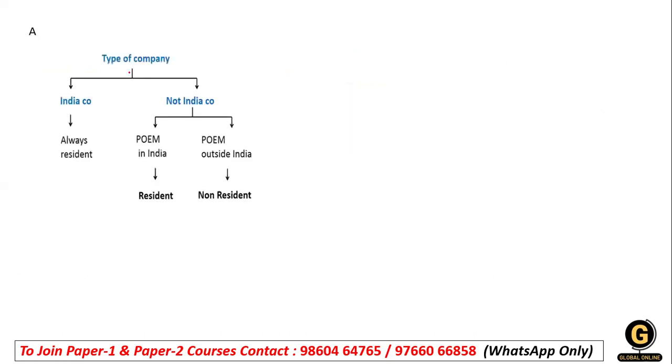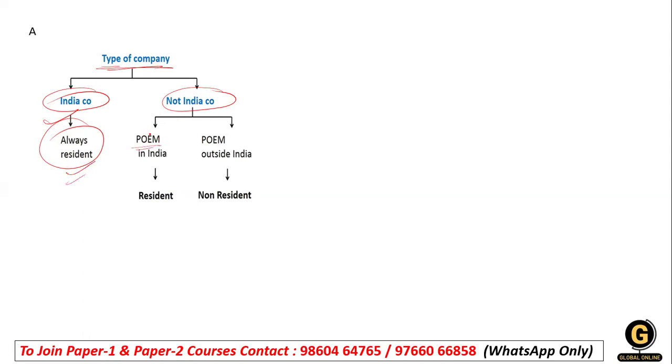Let's understand the concept. Here you can see the types of companies: an Indian company or a non-Indian company. You know that Indian companies are always resident. There is no doubt about this. Now for the non-Indian company, there is POEM. What is POEM?